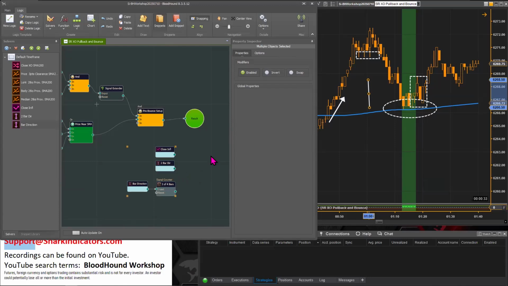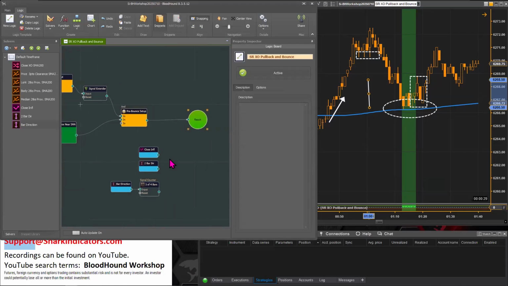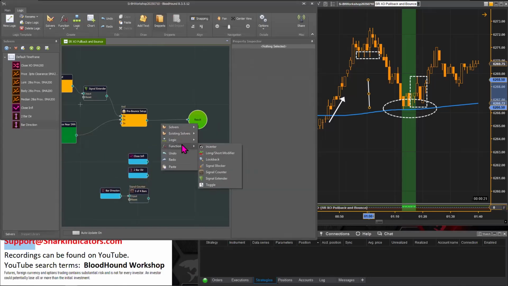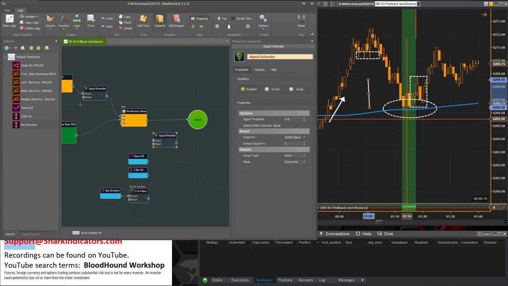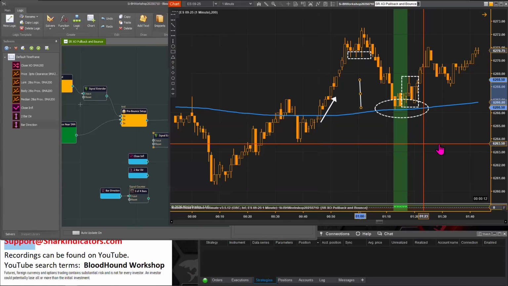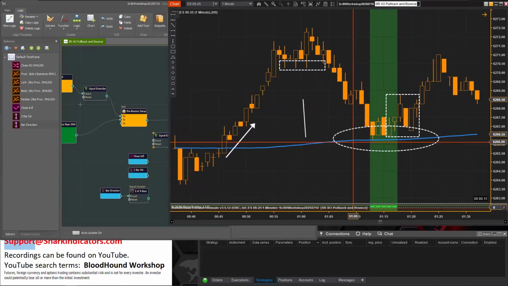Let's see here. So we're going to need another signal extender, because if we look at this right now, the only time we have an output is when price is actually near our SMA.